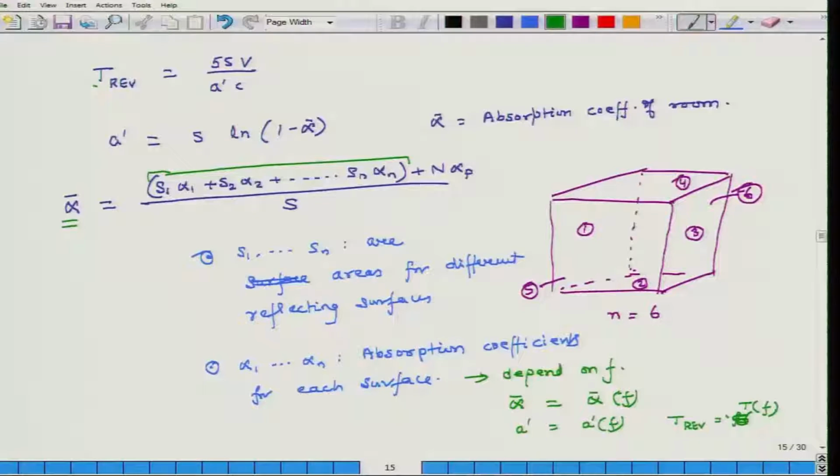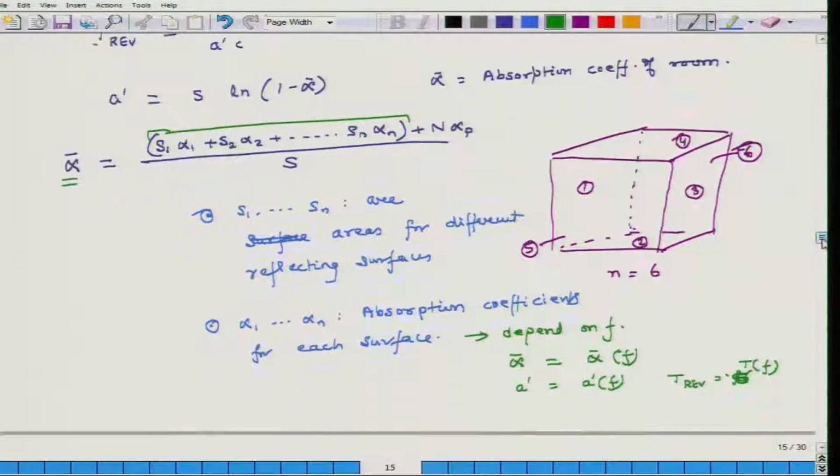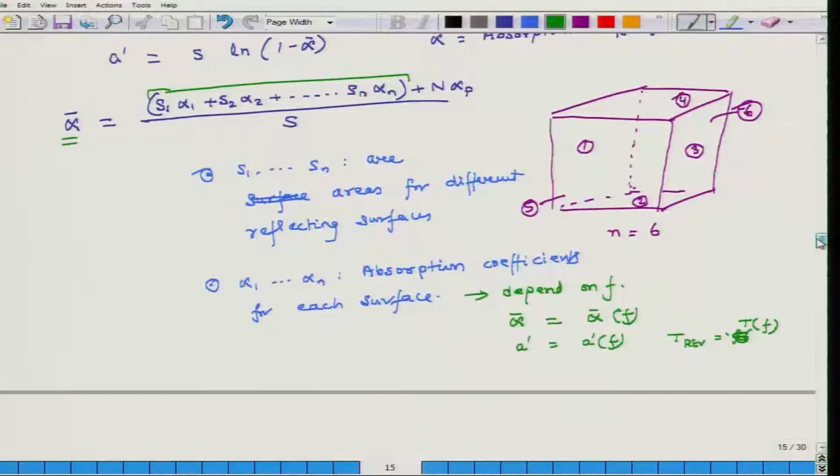So, that is what absorption coefficient means. Now, we have not discussed N and alpha p, but let us first complete the discussion on alpha, then we will come to N and alpha p.